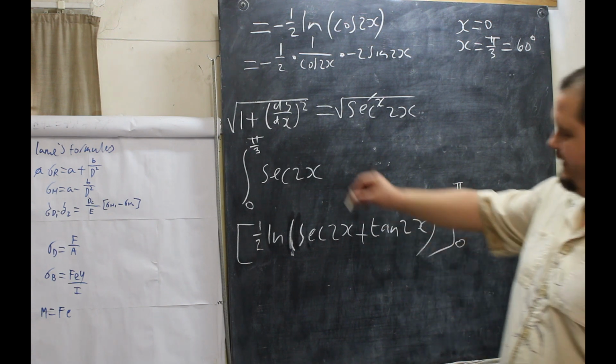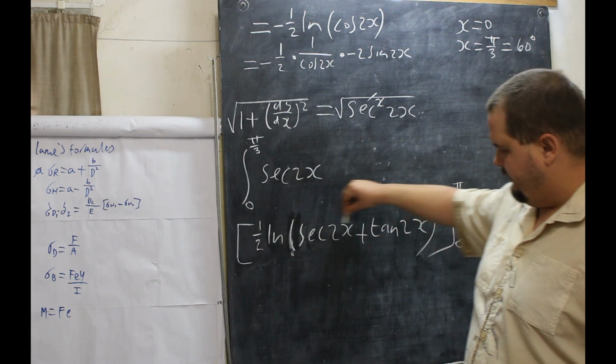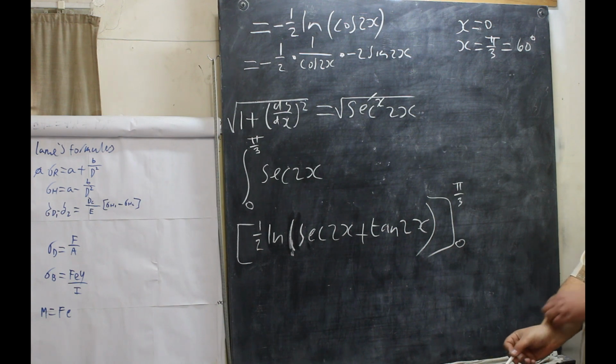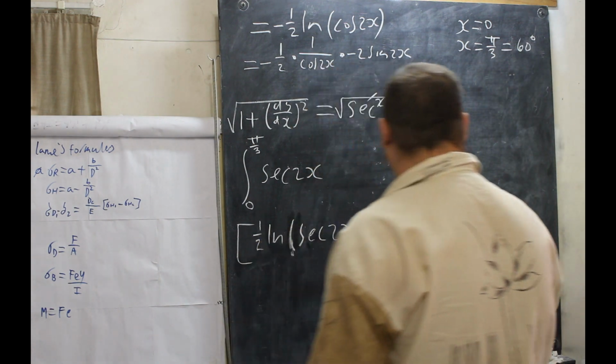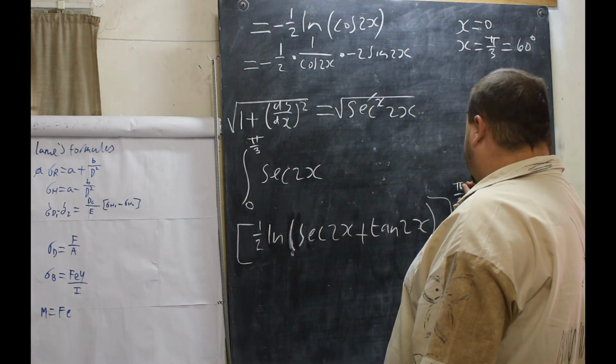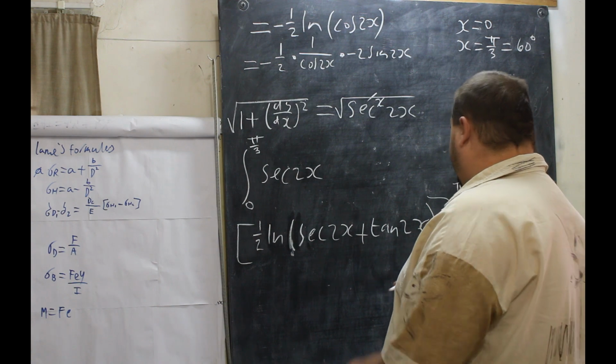The integral of sec 2x is this. That is in your formula sheet. That will be in your formula sheet. So now all we have to do is put pi over 3 in place of x and then 0 in place of x.